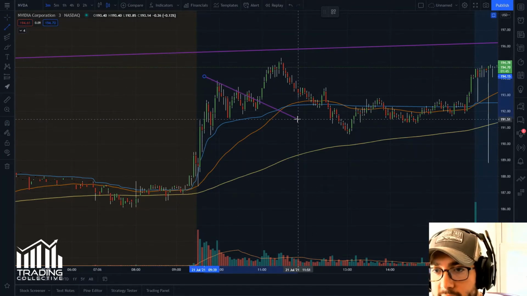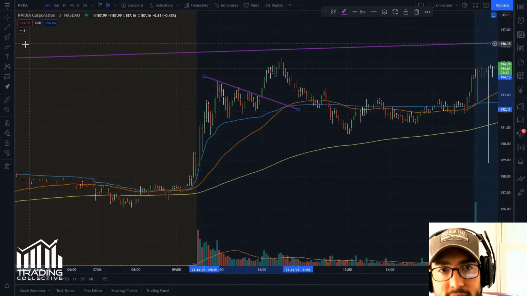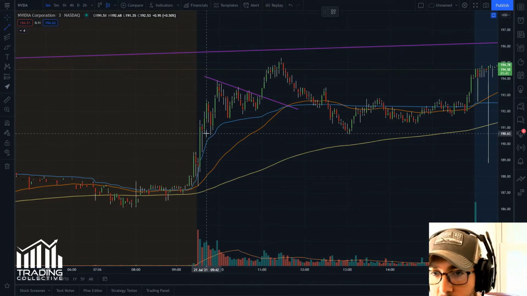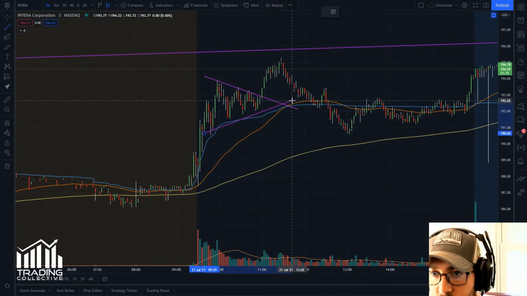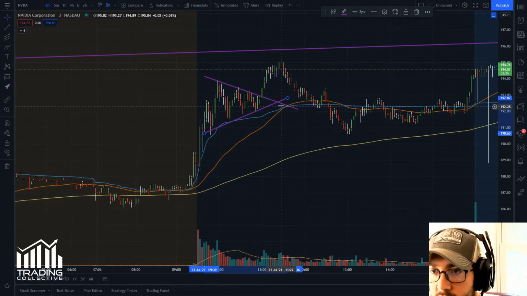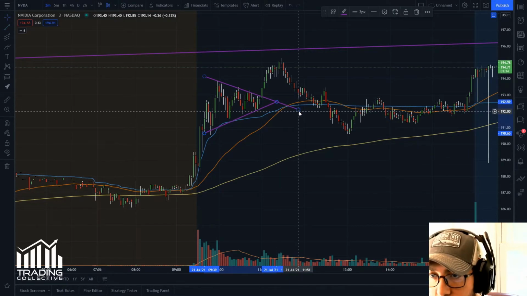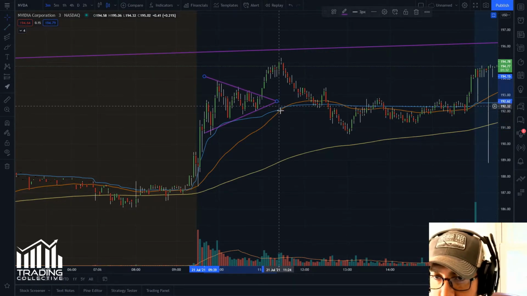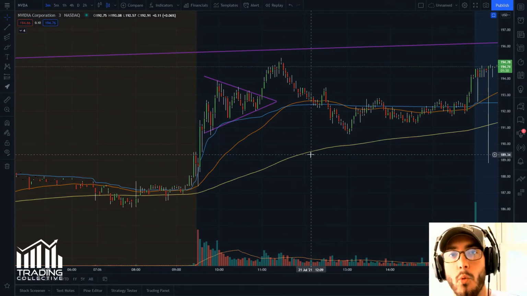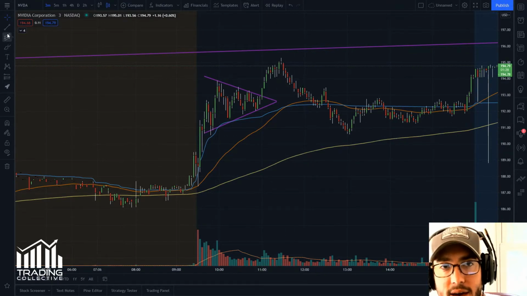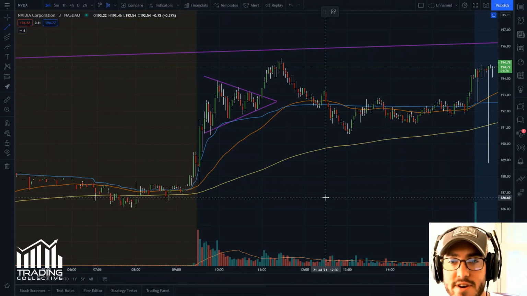So I'm looking at a pattern like this. So I'm grabbing those wicks just like we're supposed to be doing, and we're going to clean this up a little bit. So we're seeing a wedge right here, and we're going to make some price targets based upon this.